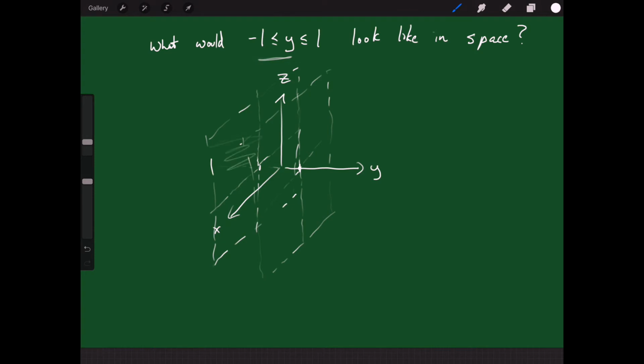So all the space in between those two planes is what we're talking about here. So I've got kind of this slice between -1 and 1 of space that goes on infinitely in all directions, x and z. Okay.